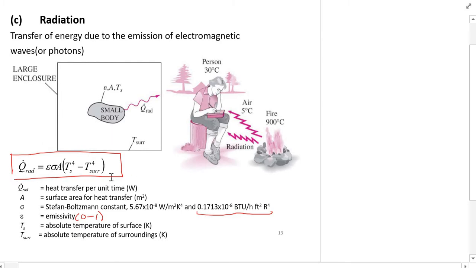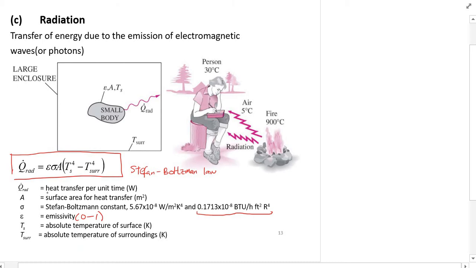So this equation is called Stefan-Boltzmann law, where Q rad is equal to emissivity, multiplied by the Stefan-Boltzmann constant, which is 5.67 multiplied by 10 to the power of negative 8 watt per meter squared Kelvin to the power of 4, multiplied by area and multiplied by Ts, surface temperature, to the power of 4 in Kelvin, minus T surrounding in Kelvin to the power of 4.